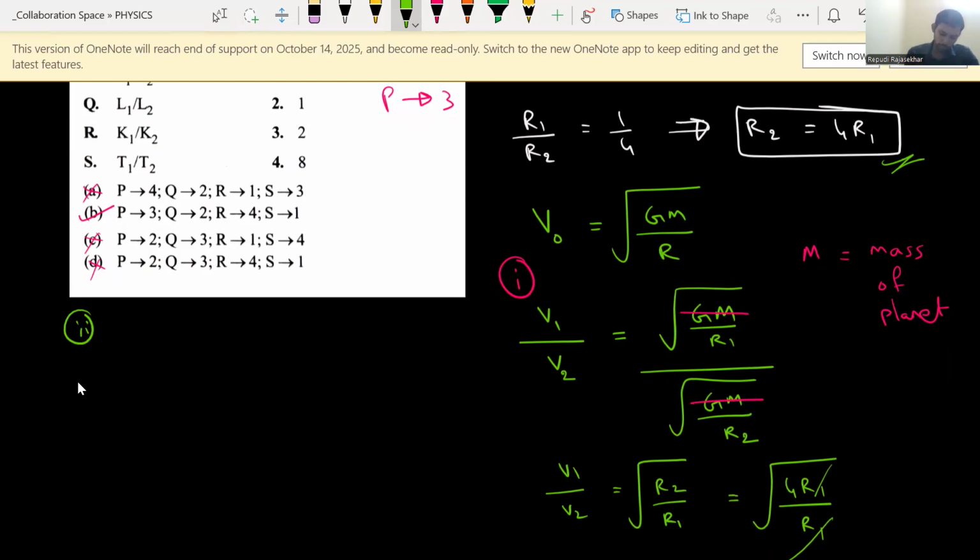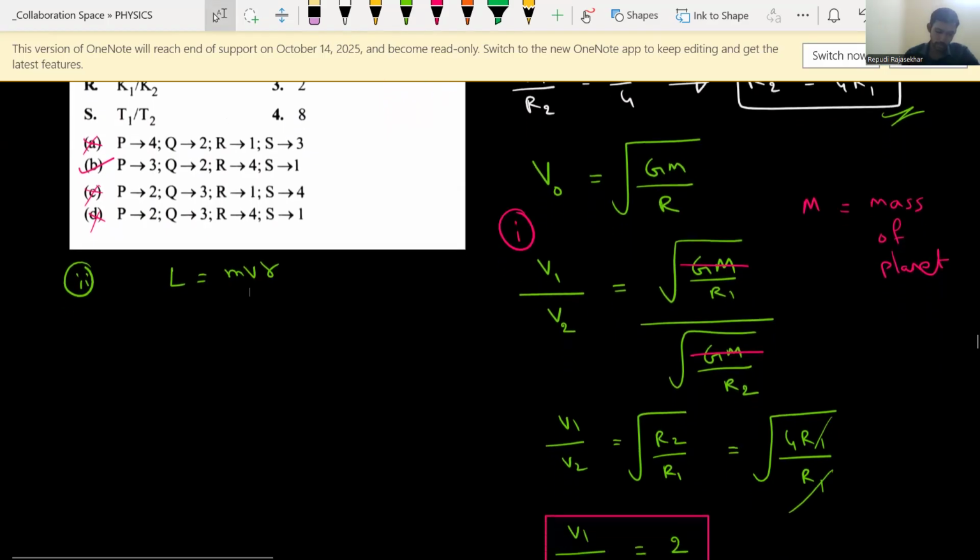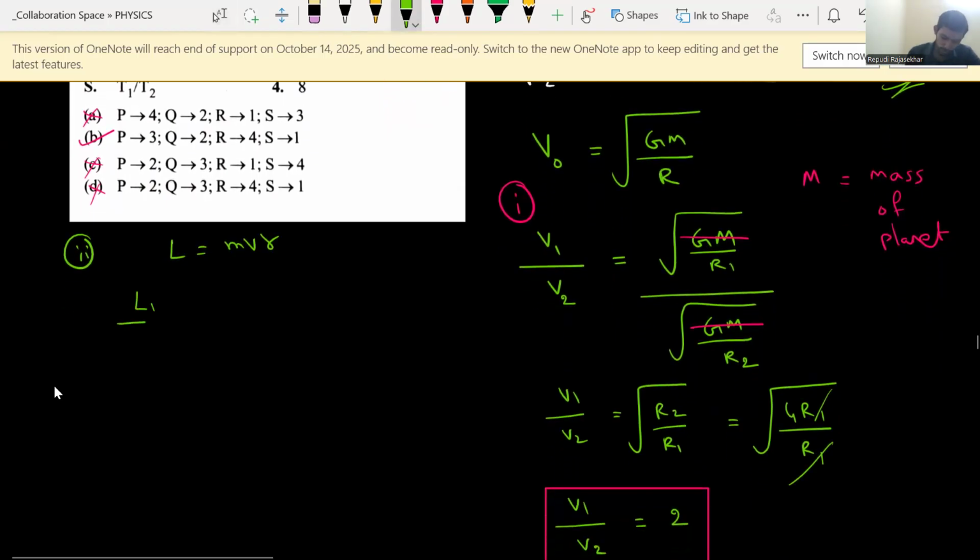The general formula is L equals m into v into r. Now L1 by L2, the ratio of angular momentum, equals m1 v1 r1 divided by the angular momentum of the second particle, m2 v2 r2.